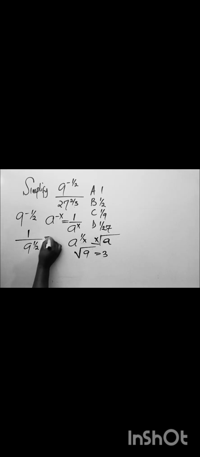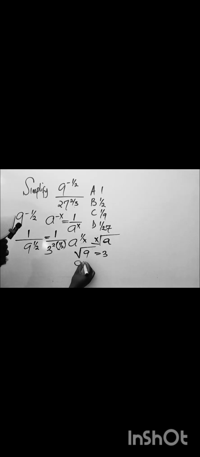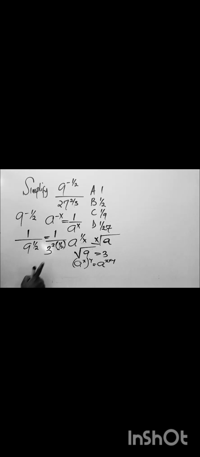Or I can say this 9 is 3 raised to power 2, and this 9 has a power of 1 over 2. There is a law that says if a base has powers, write your base and multiply the powers. You can multiply the powers as many as you have. So we have 1 over 3 raised to power 2 multiplied by 1 over 2, and this cancels this.